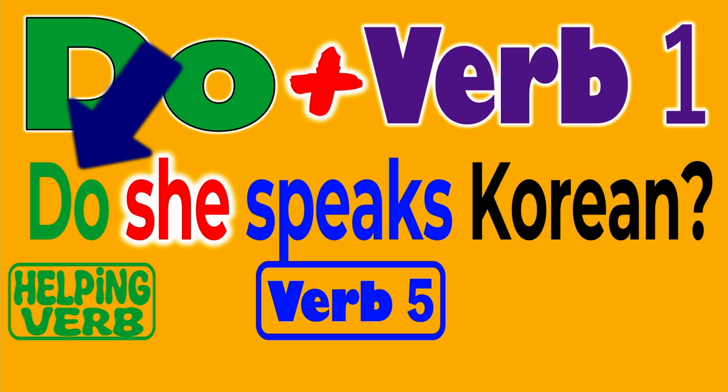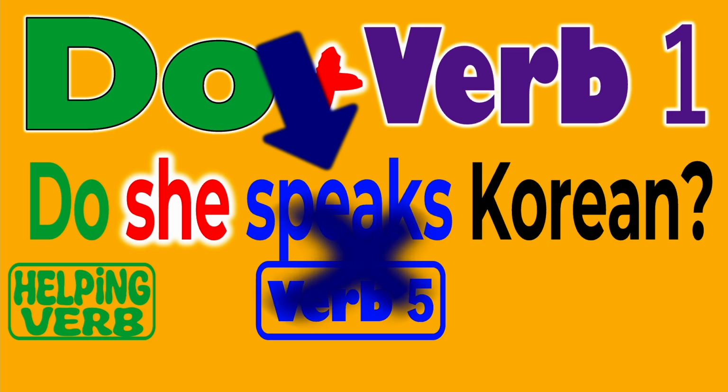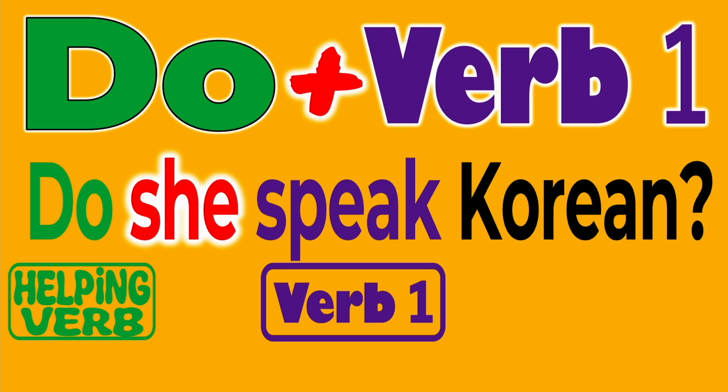This is a do helping verb, right? We've got do at the beginning. If we have do, what do we need here? Do plus verb 1. Okay? Always do plus verb 1. But we can't ignore that she. She does need verb 5. We really need to do something for that she. She needs verb 5.